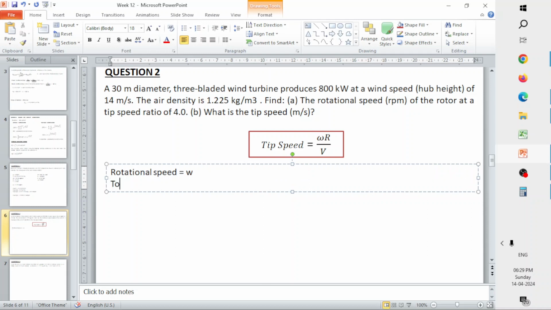So here we know the tip speed ratio is equal to 4. That is given. So that will be nothing but omega r divided by u.